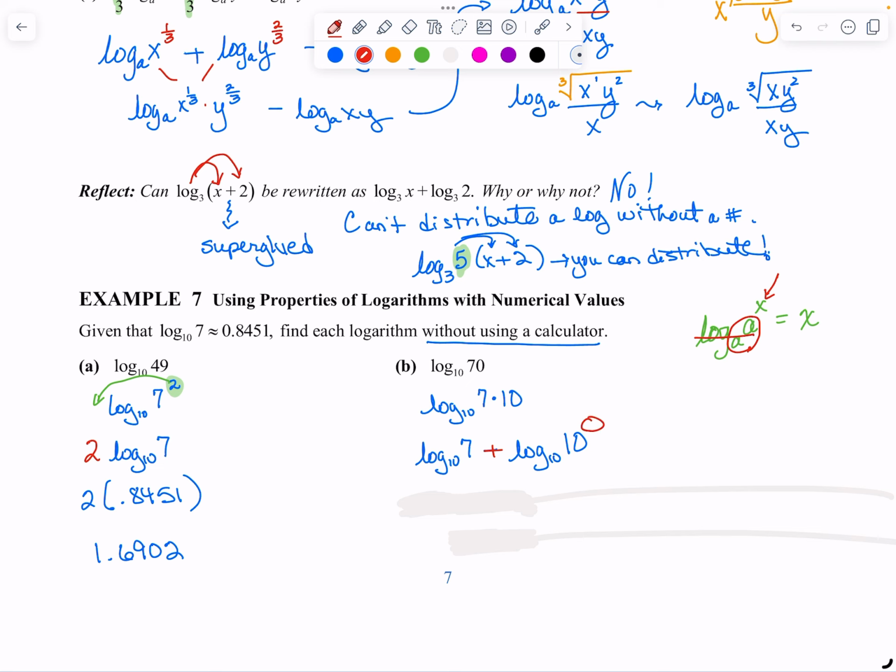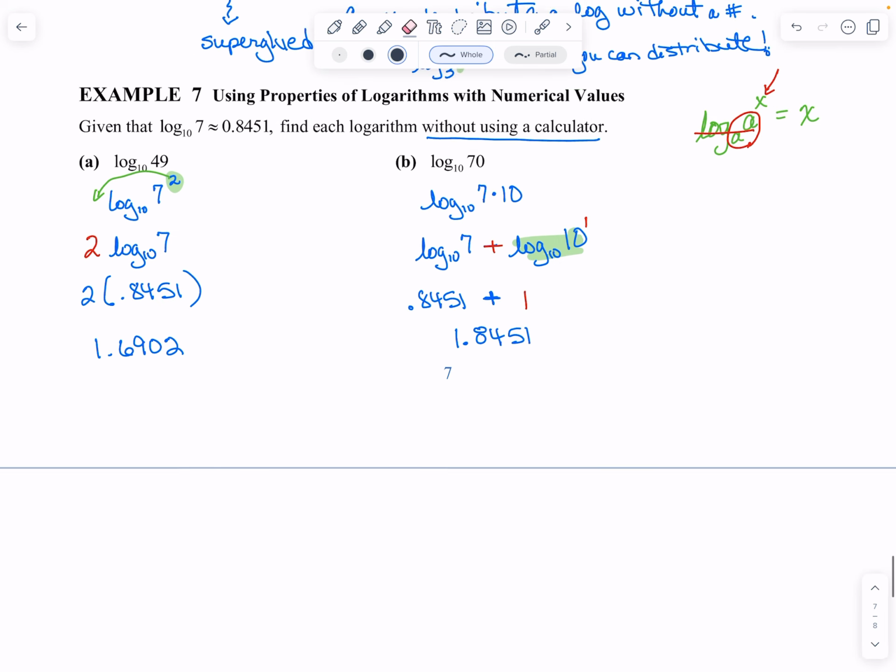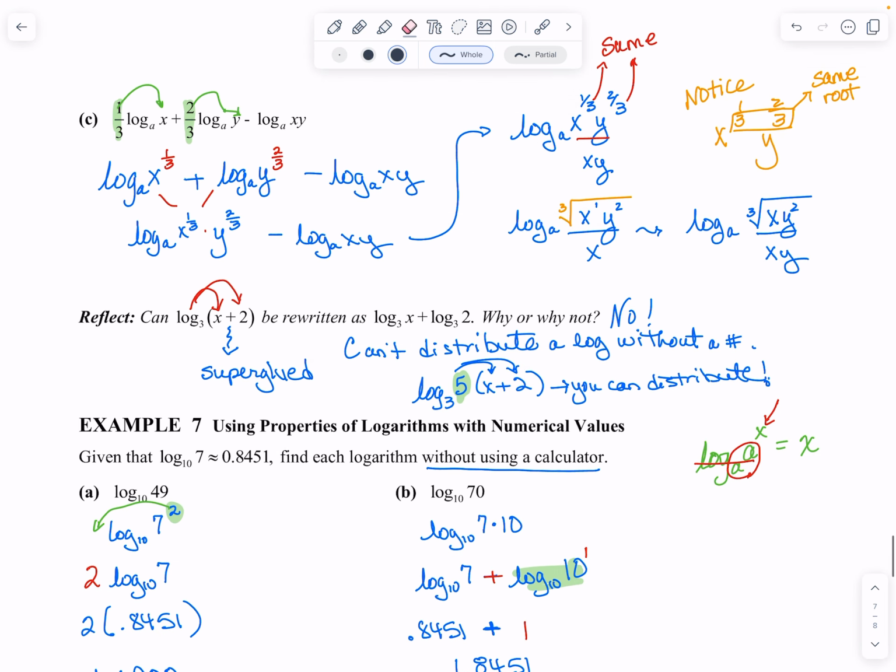What exponent is understood to be right there? That is a 1, right? So all these guys are just going to cancel out, and I just get a 1. So that's going to be 0.8451 plus 1. So that's my final answer. And that is the end of 4.3.